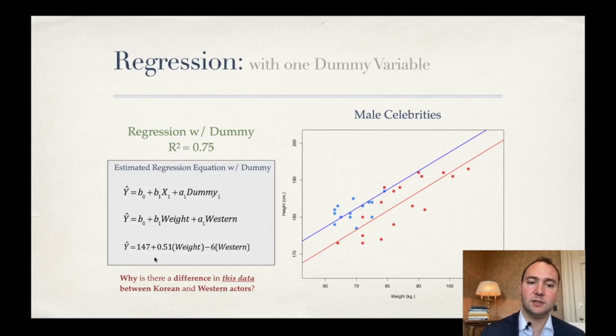So what does this dummy variable do? If the observation is in the reference group, meaning the group where this dummy variable is 0, it's going to be the same equation minus the dummy variable part of our regression equation.